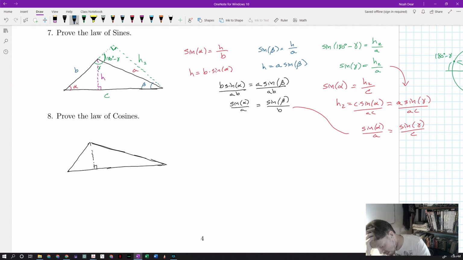All right, I've got to label a few things here. I'm going to call this B1 and this B2. So we're looking at the big triangle overall. I've got alpha here, and A on this side. B1 plus B2 equals B. So B equals B1 plus B2.